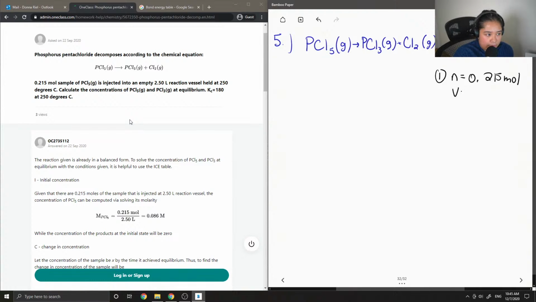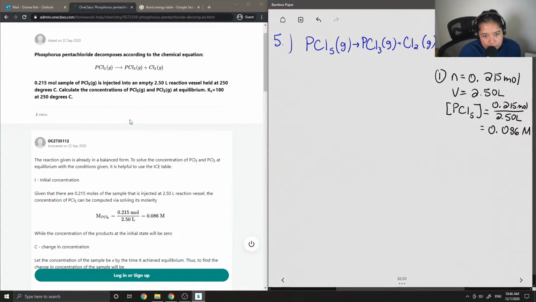And they also give us the volume of the reaction vessel, which is 2.50 liters. So to find the concentration of phosphorus pentachloride, it's going to be the number of moles divided by the liters. So this gives us a concentration of 0.086 moles per liter.